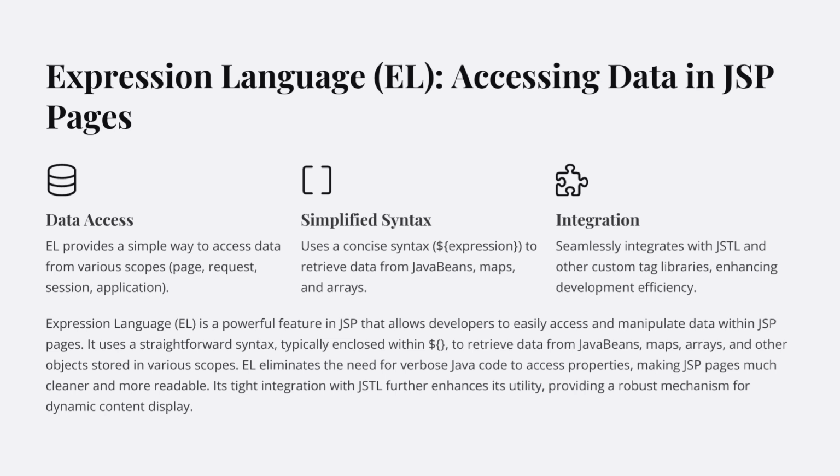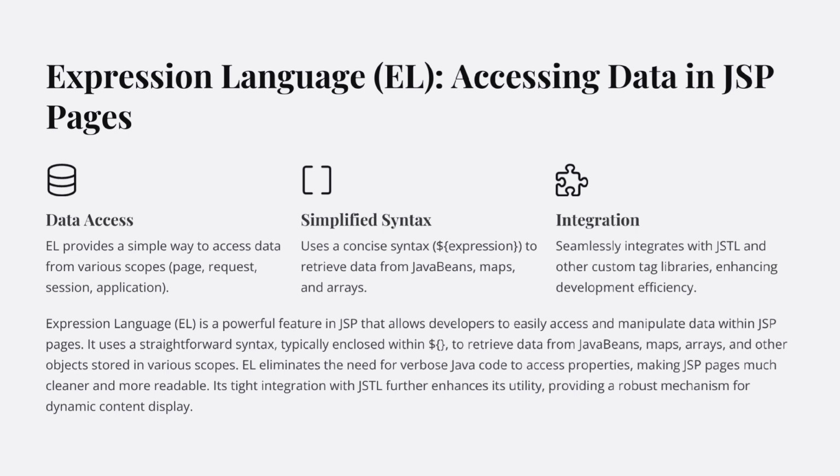By using expression language, which is nothing but EL, we can easily access our data, because EL provides a simple way to access data from various scopes. And the another one will be simplified syntax. The expression language has very easy and concise syntax so that we can easily memorize it and understand it.